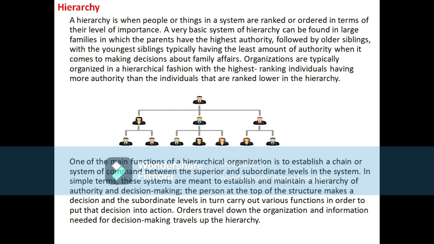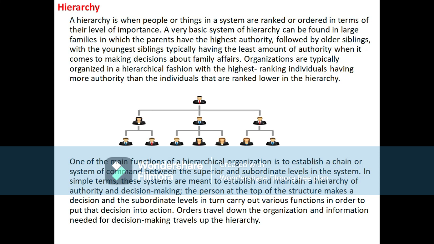In simple terms, these systems are mainly meant to establish and maintain a hierarchy of authority and decision making. More authority and more decision making rely on the top level management.